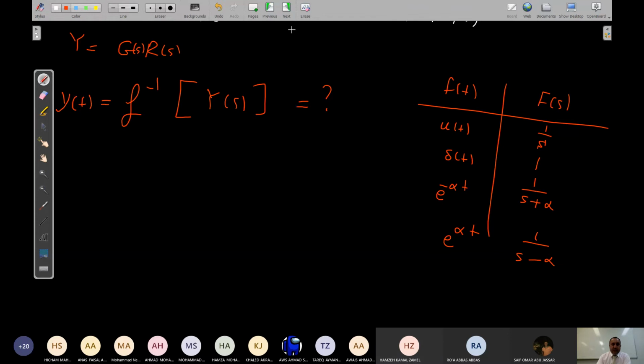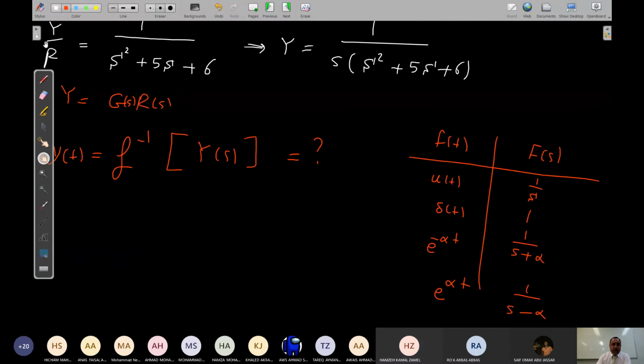Now, simply, if I need to simplify it, this is s, and this is the second equation. I can find the roots, correct?